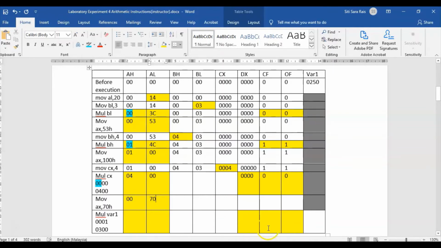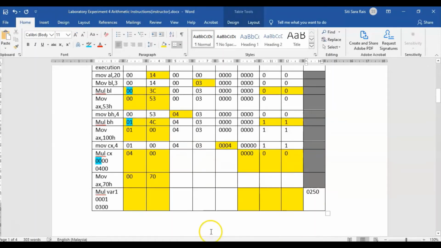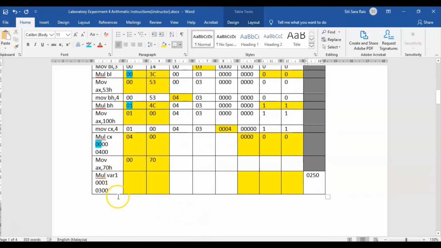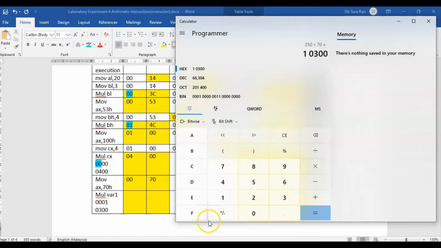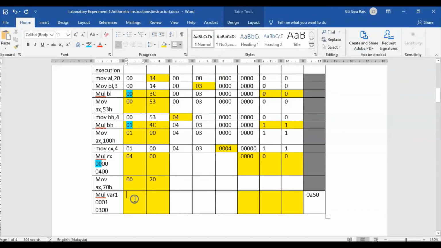Our var maintains the value 250, and then we multiply with 70. 250 multiplied by 70, and we get 10300, so 1 will be saved in DX, and 0300 will be saved in AX. Then we have the value 0300 here, and this one is 0001.